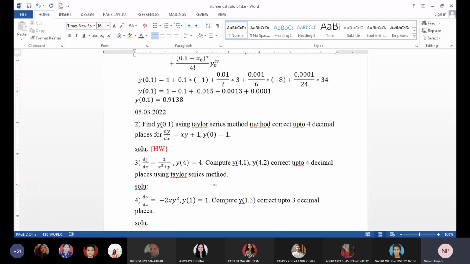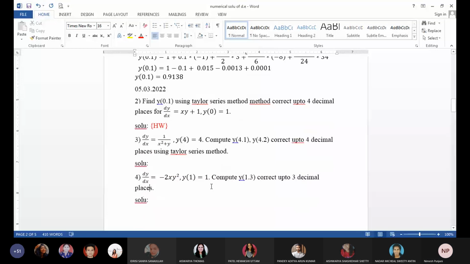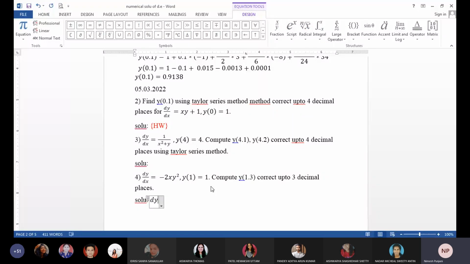Taylor series का जो फोर्थ सम है, you are able to see on the screen. Solve that and get the answer y of 1.3 correct up to 3 decimals. dy by dx equals minus 2xy square with y of 1 equals 1.